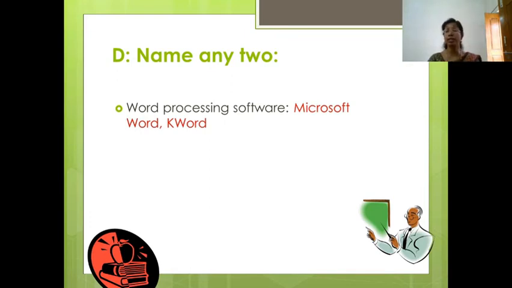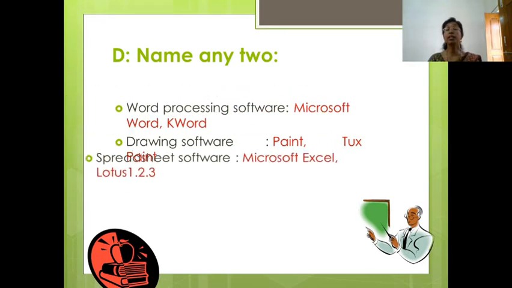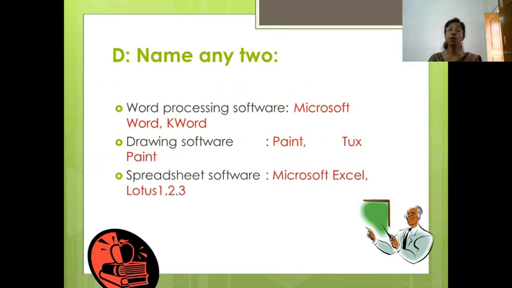These are the two examples. Now the second one, name any two drawing software. MS Paint and Tux Paint. These are the examples of two drawing software.